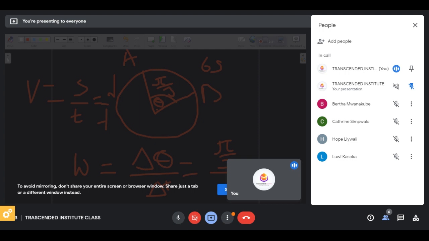So if you are to divide this, what you're going to get is your angular velocity. And the units for your angular velocity are radians per second. So the angle theta, the units are radians. So that's what you need to know, you guys. Very important as well.